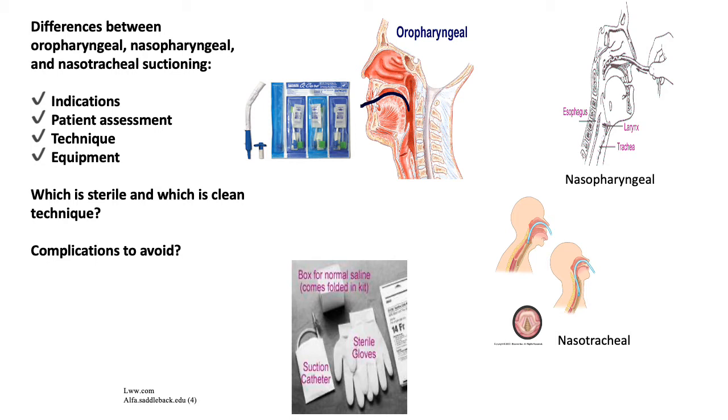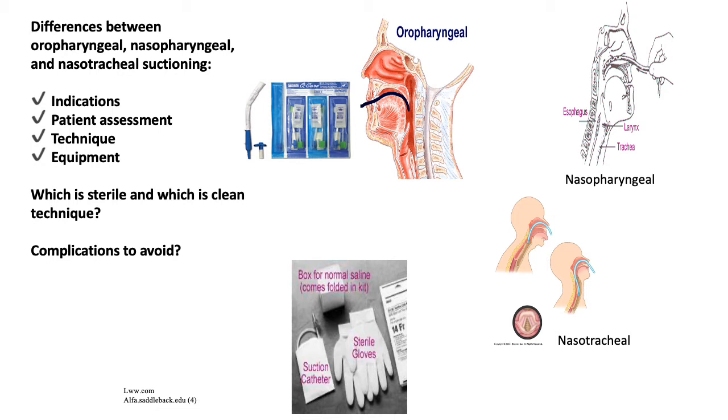Okay, possible complications would be hypoxemia. That's because when you're inserting a catheter into a patient's airway, you are occluding the airway for a brief period of time. Remember, I said it's no longer than 10 to 15 seconds, but you are occluding and removing some oxygen while you're doing it.